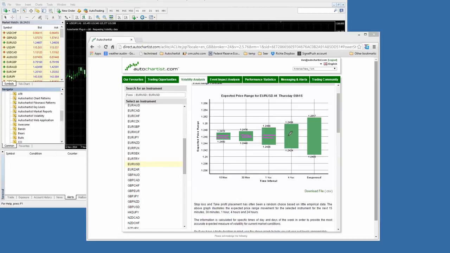In fact, normally, let's say for euro dollar, when it's non-European hours, you find that the 15-minute, 30-minute, and 1 hour graphs are almost identical, and then it increases rapidly. So you'll find a different shape as the time of day changes, but it's very subtle, and every 15 minutes that goes by, the shape changes slightly.